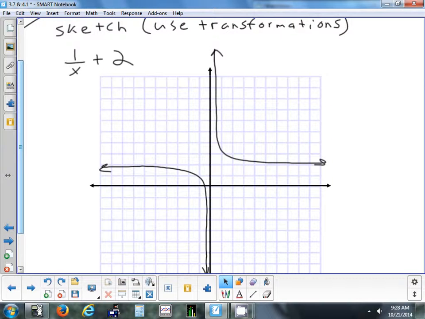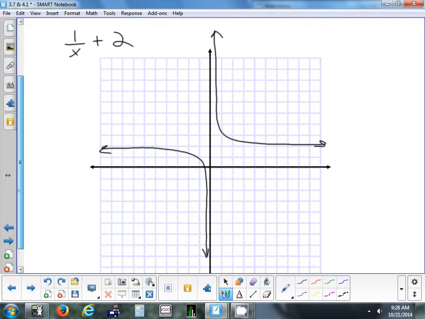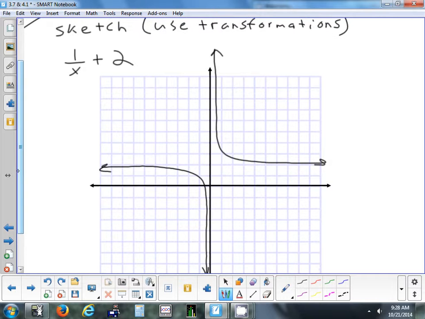You can always plot some points if you want to get a little bit better detail on that curve. I'm not going to be overly picky. If you draw this curve a little sharper than I did, that's okay. But basic idea, you shifted the parent function up 2. Any question on that?